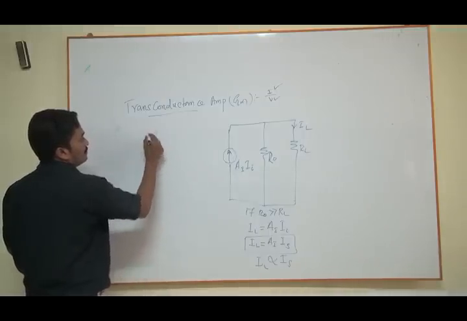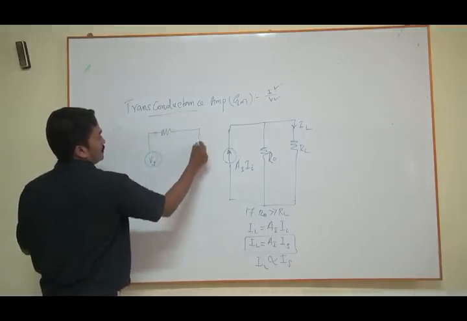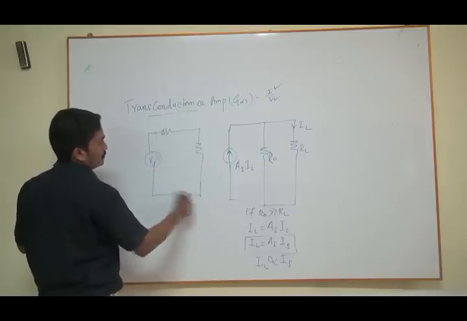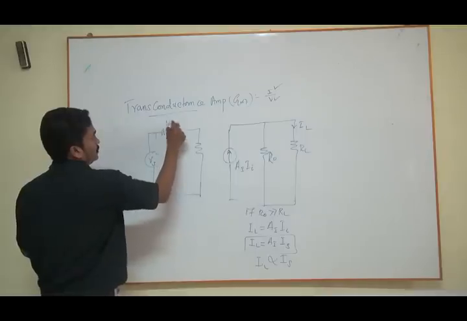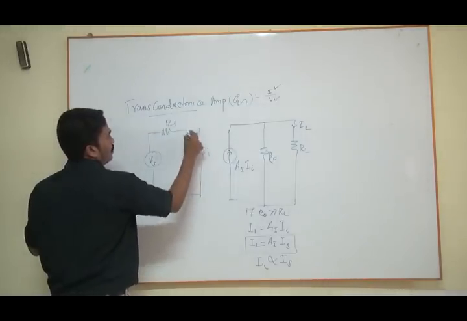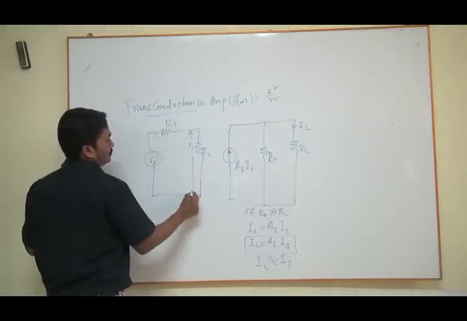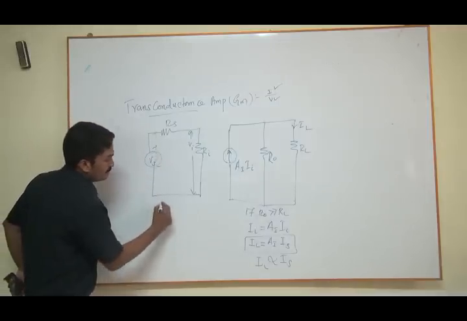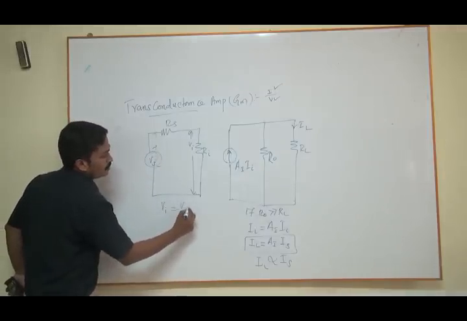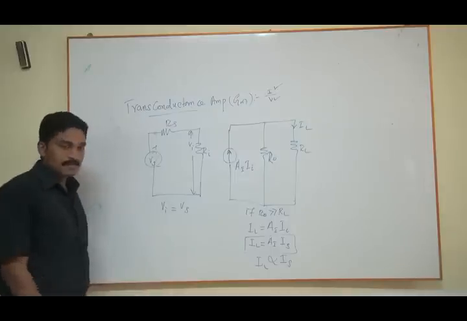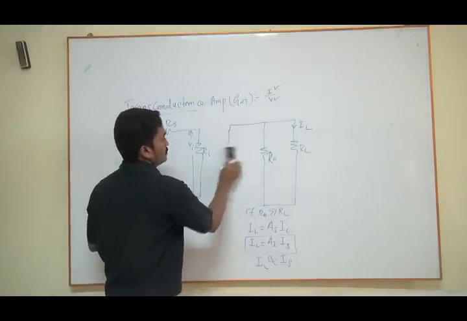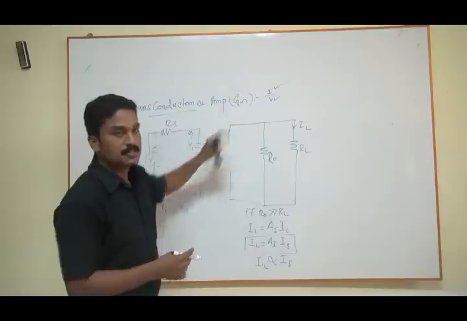Let us take the same Vs, and this is Rs, Ri, and this is your Vs. And same, your Vi is now equal to Vs, and on this side you have to change this source since it is Gm.